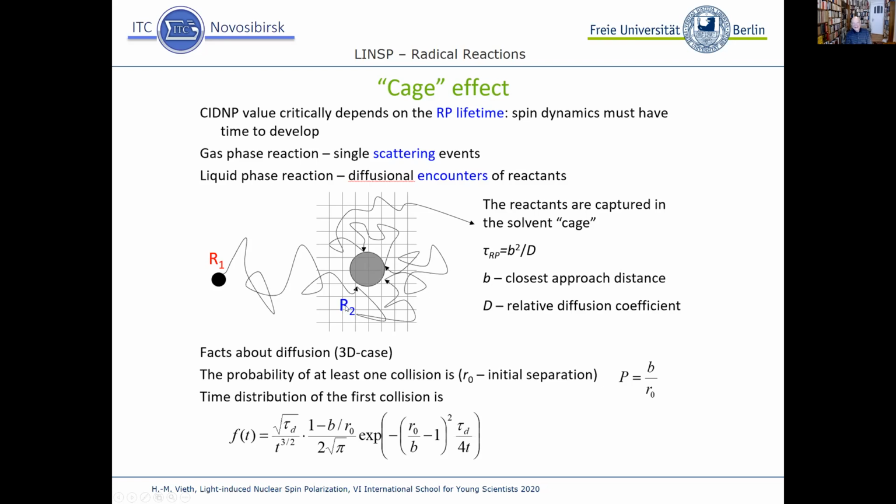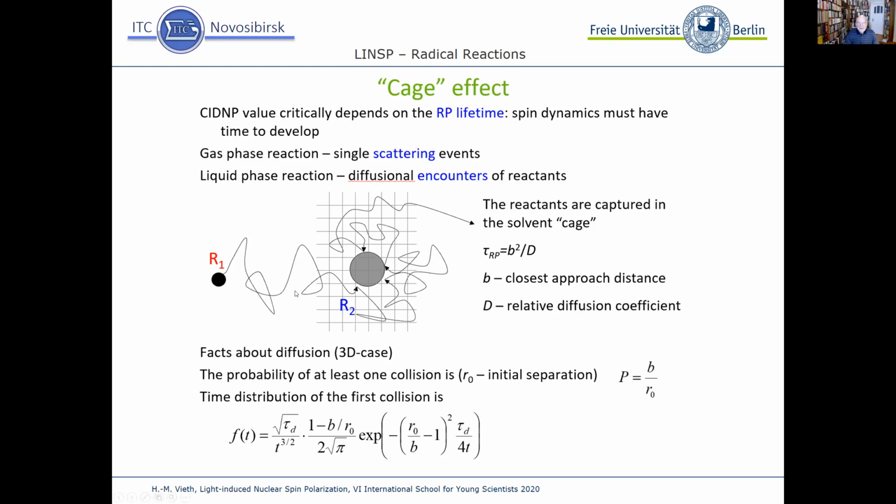And only then they can see what the state of their spin correlation is. And each time they meet each other, this spin correlation is measured as the probability of intersystem crossing.